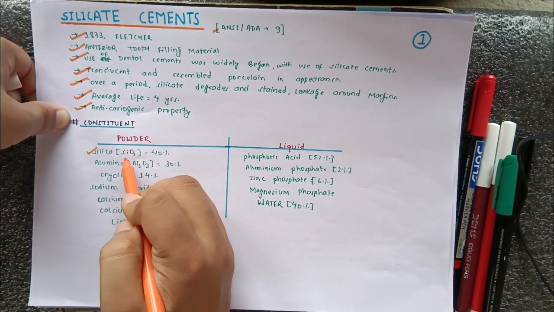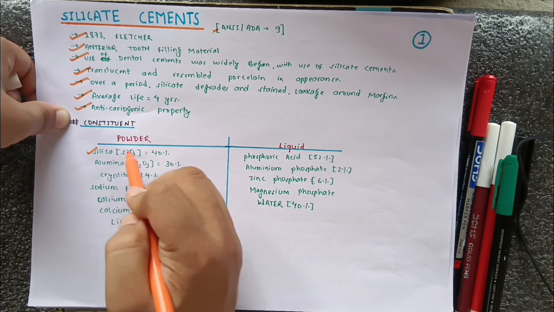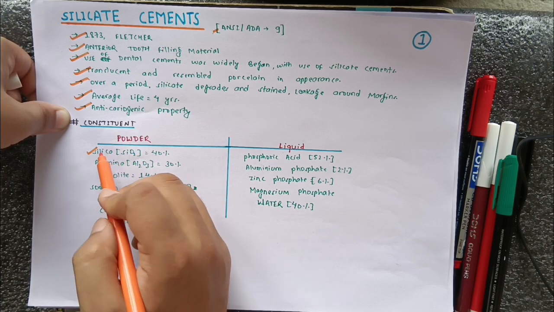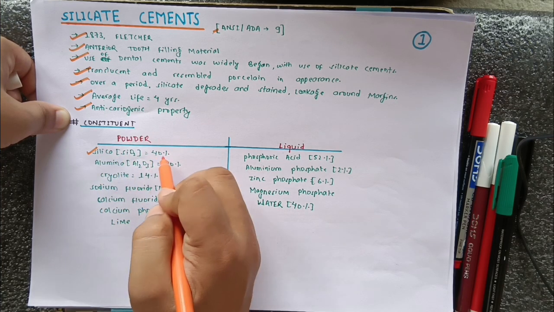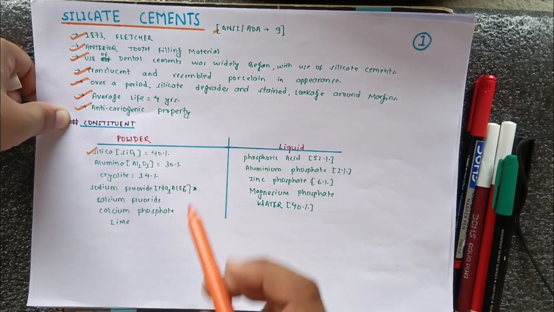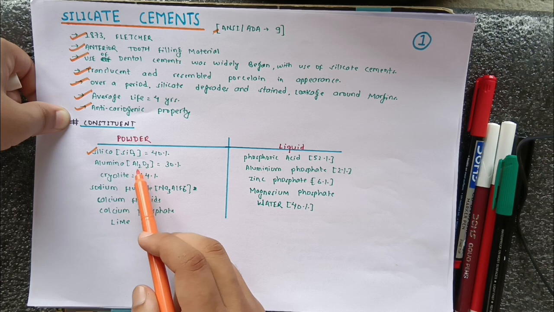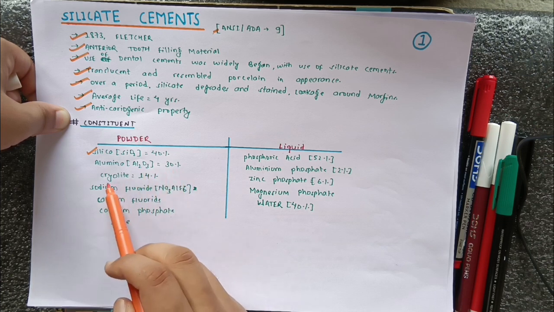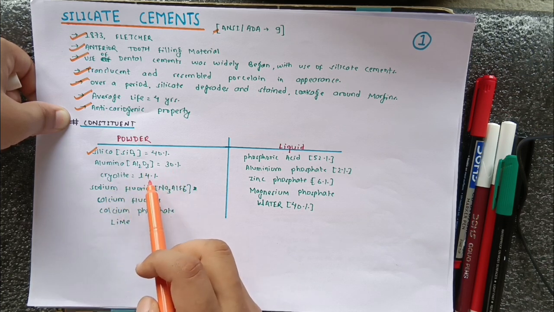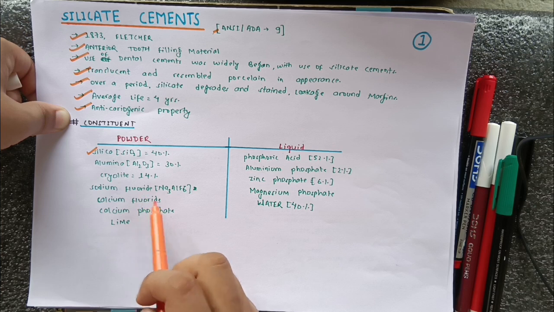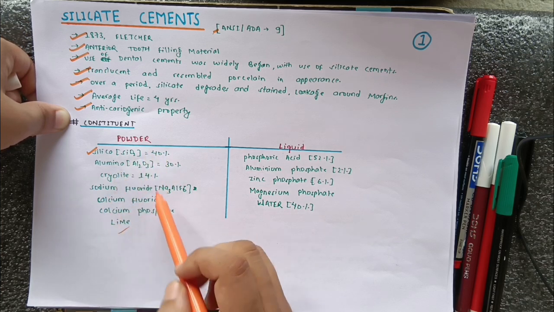The formula of silica is SiO2. You don't need to memorize the formula, but remember that silica is a major component. Another major component of the powder is alumina, Al2O3, at 30%. Another is cryolite at 14%. Similarly there are sodium fluoride, calcium fluoride, calcium phosphate and lime. These are the components of the powder.